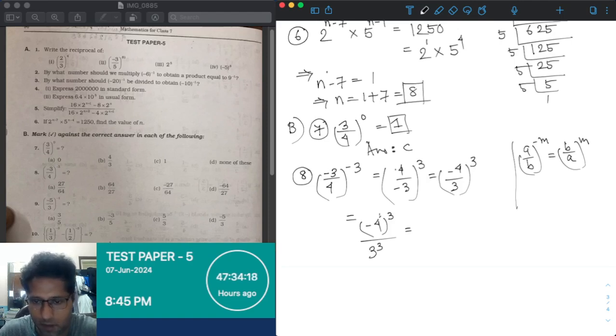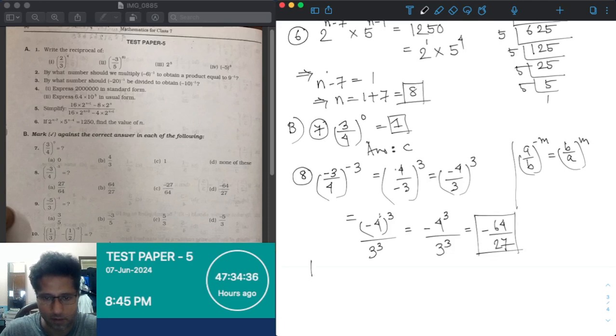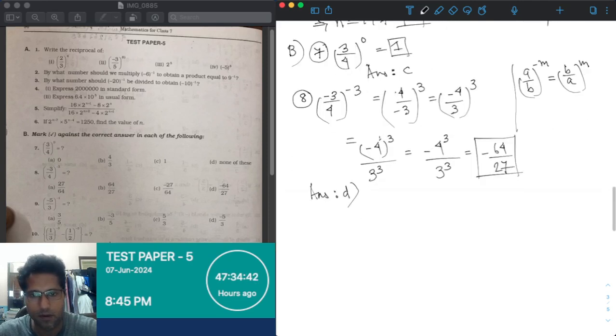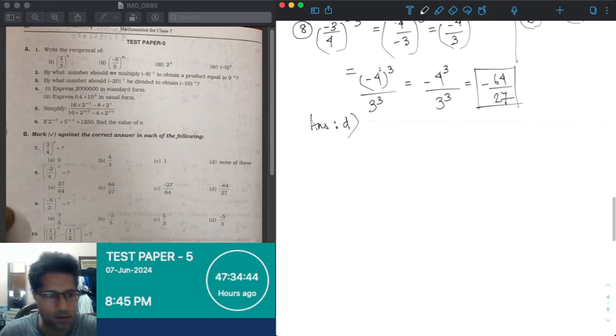So this becomes negative of 4 to the power 3, and this is 3 to the power 3. This is minus 64 by 27. So minus 64 by 27 is the result, and the answer is choice D. Okay, 8 is done.